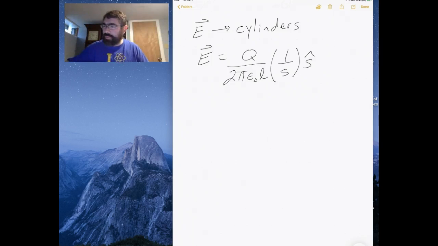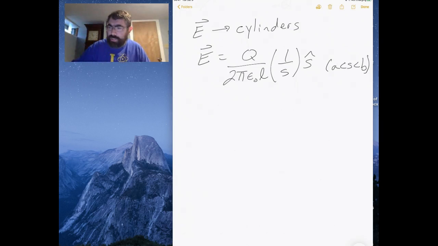And this is in the region in between the two cylinders. So basically it's the electric field created by the cylinder with radius a, and you can find this using Gauss's law.